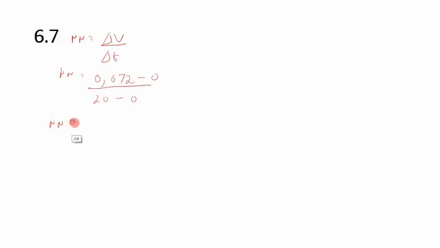Then it's just a matter of punching all this in your calculator, and the reaction rate will now be 0.03 dm cube per second, right? So for every second that passes, 0.03 dm cube of the carbon dioxide is produced. So that's what it means.